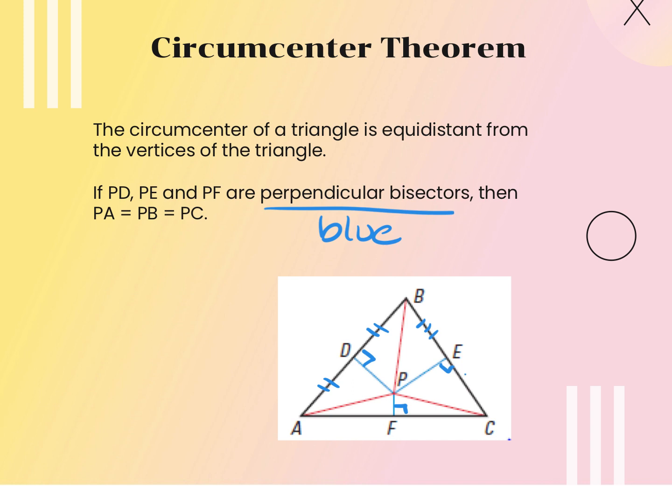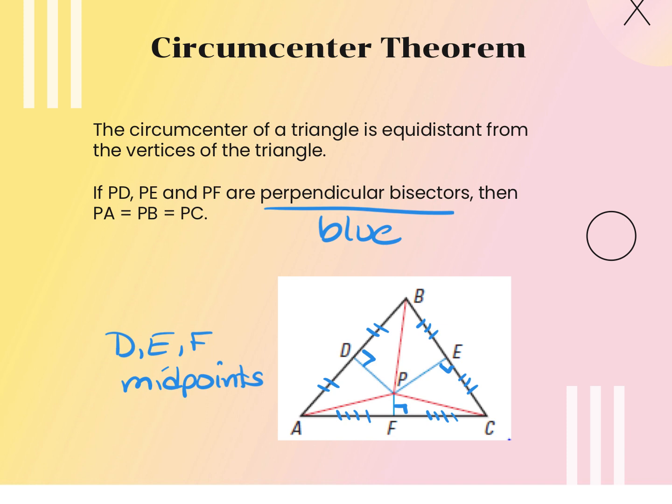So BE would be congruent to EC, and AF would be congruent to FC. Points D, E, and F are all the midpoints of the sides of your triangle, because that's where your perpendicular bisector is going to hit.